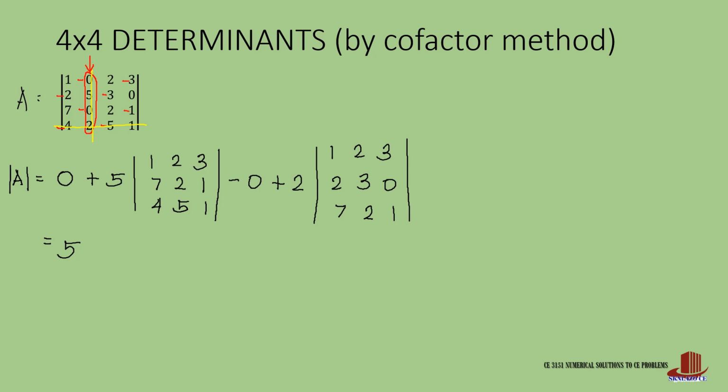So if we are going to use our butterfly method, then this would be 1 times 2 times 1 would be 2. 2 times 1 times 4 would be 8. And 3 times 7 times 5 would be 105. Now take our negatives.